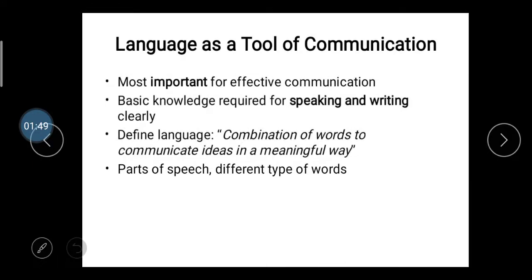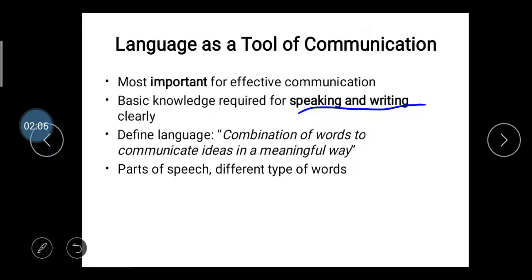Here you see that basic knowledge is required for speaking and writing clearly. When you use language, you require the best speaking and writing knowledge.